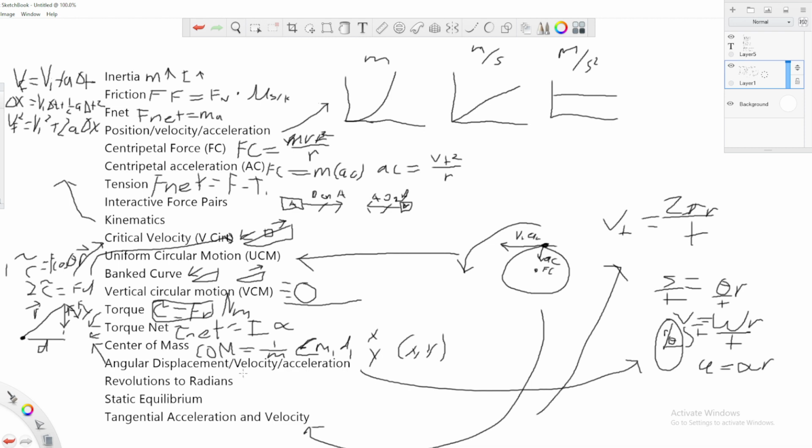Revolutions, radians, just remember one revolution is just equal to whatever your circumference is. So 2 pi r. Because one revolution is one circumference of that.